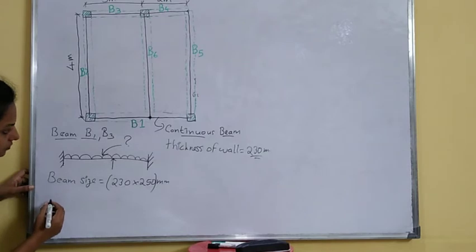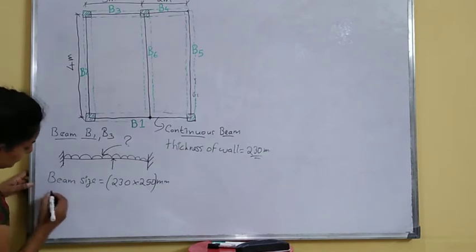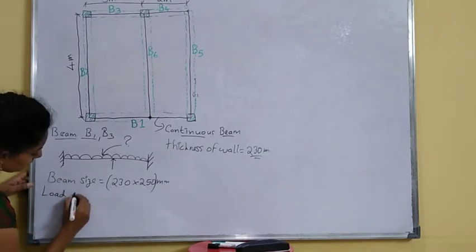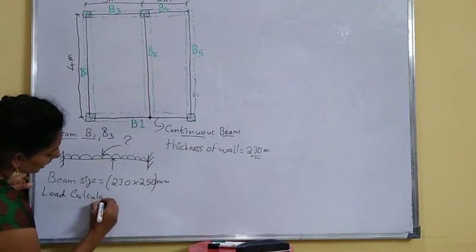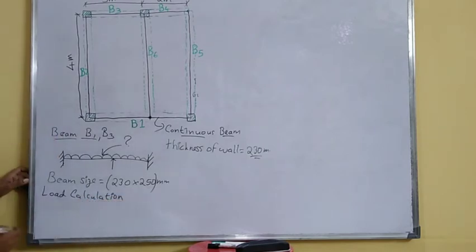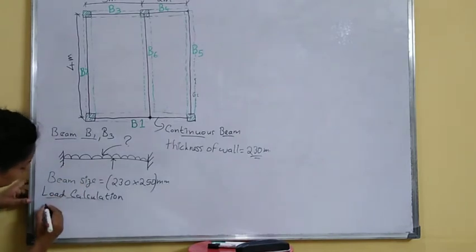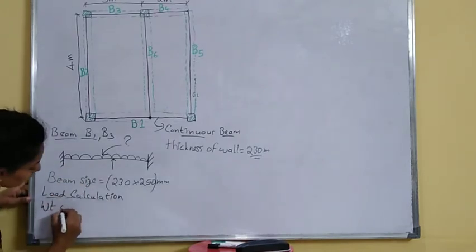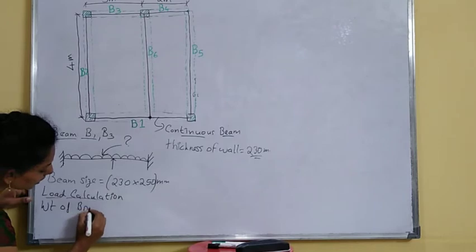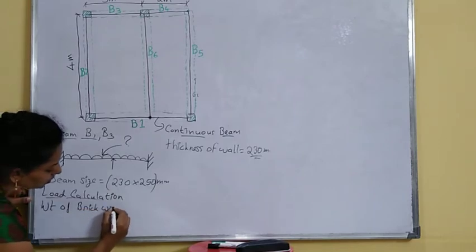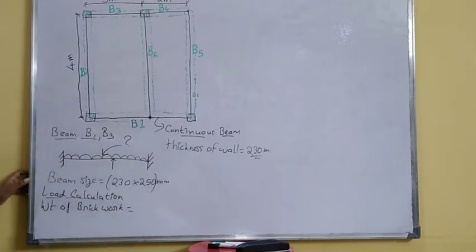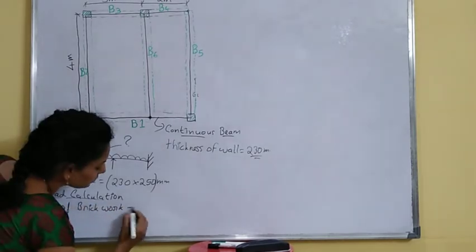So first step, load calculation. Here this is a plinth beam calculation, so there won't be any slab load coming on the beam. So directly, first the weight of brickwork load, which I have taught in the previous video.